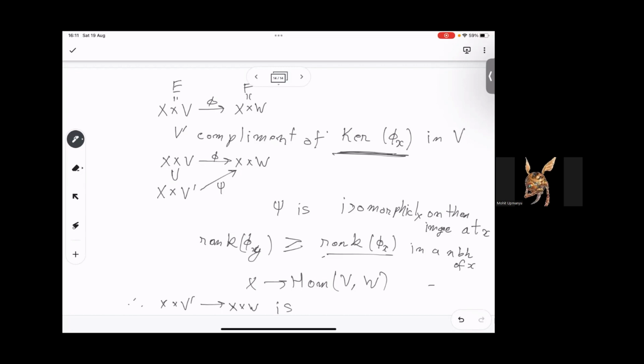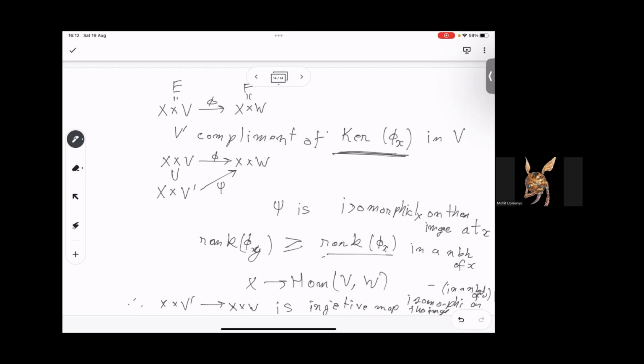an injective map, isomorphic on the image, in a neighborhood.